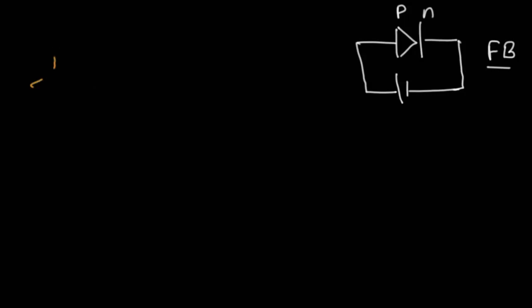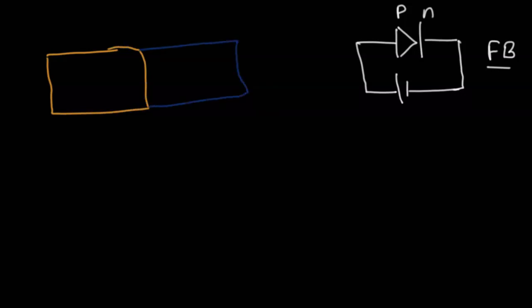Let me redraw this according to the electrons. So we have the p-type semiconductor and my n-type semiconductor. We remember that my holes are collected near the junction, and my electrons are also collected near the junction.